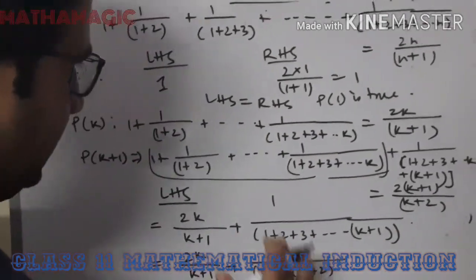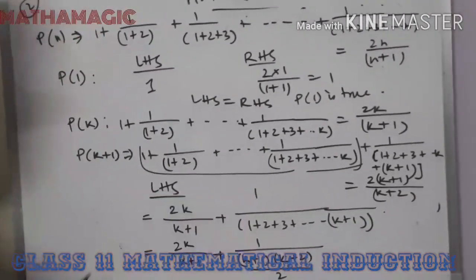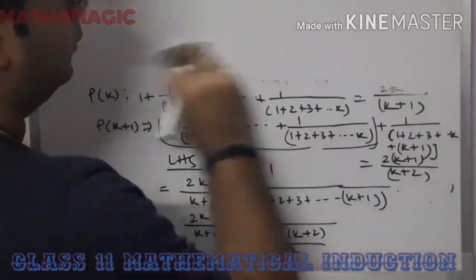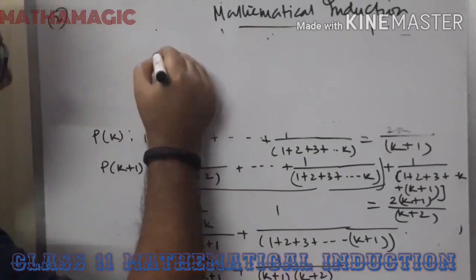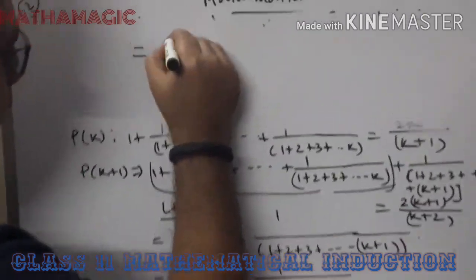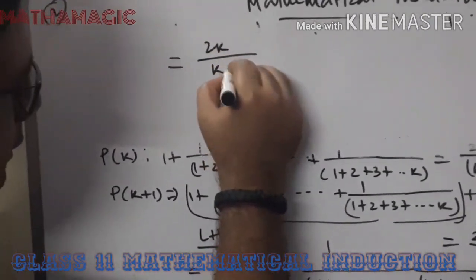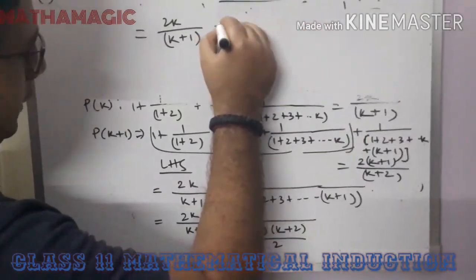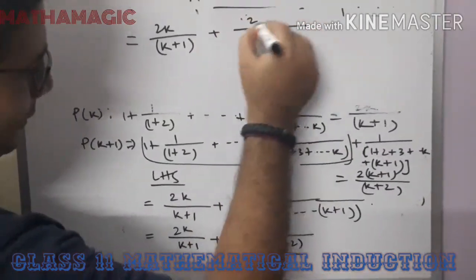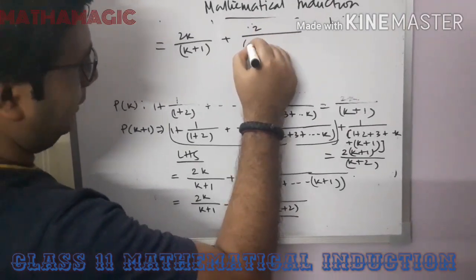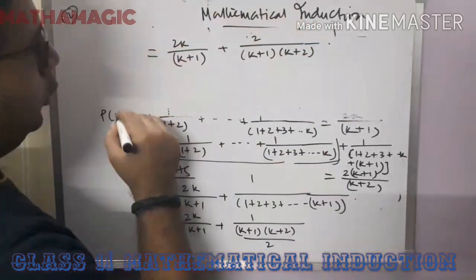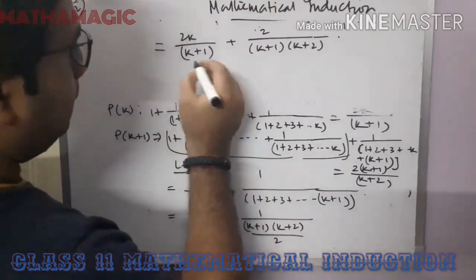So please note down the steps. I will remove this one so that I can continue with the sum. Now if we do the LCM, before doing the LCM, we will follow this one. 2k by k plus 1 plus 2 by k plus 1 into k plus 2. It will be like this.